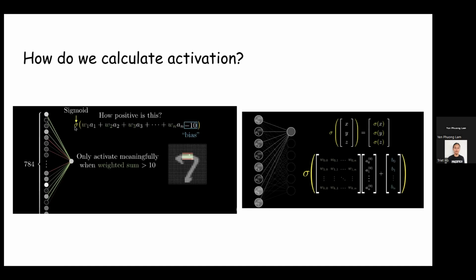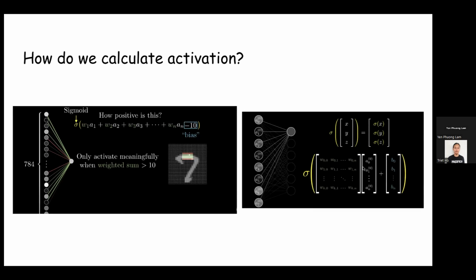Then we use the sigmoid function, which is just used to limit the value between 0 and 1. So 0 is black and 1 is white, and the gray color represents a number between 0 and 1. That is how we calculate one activation.